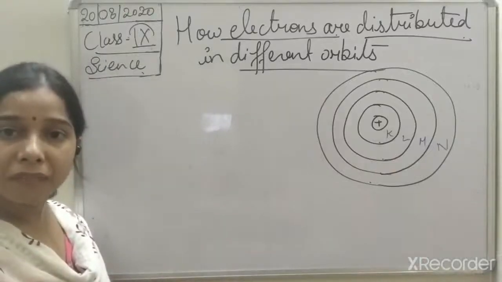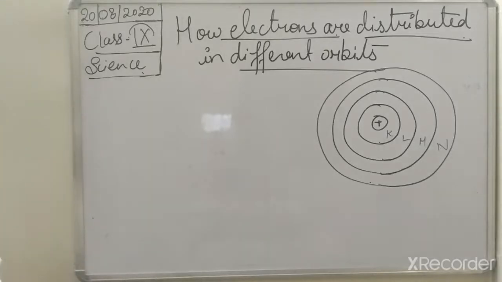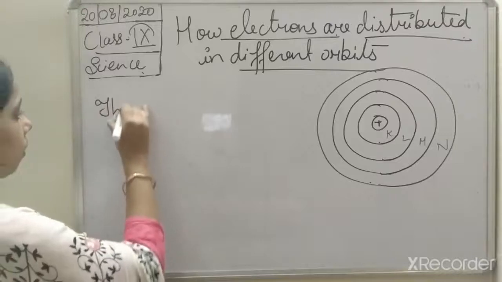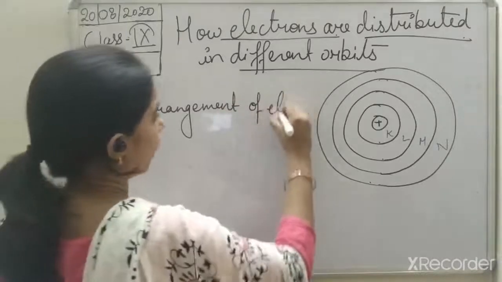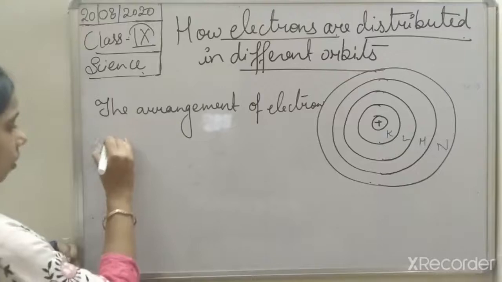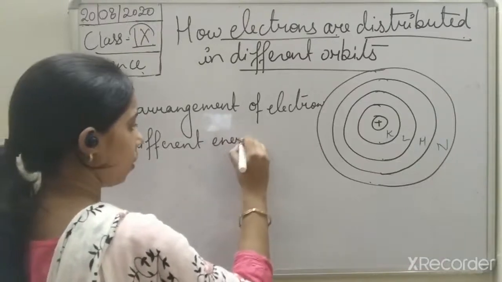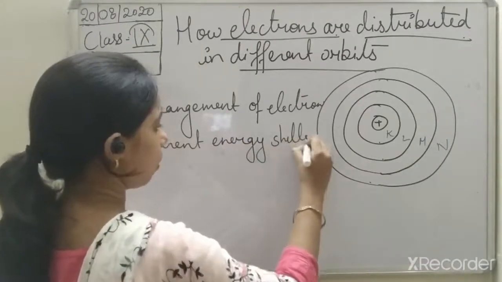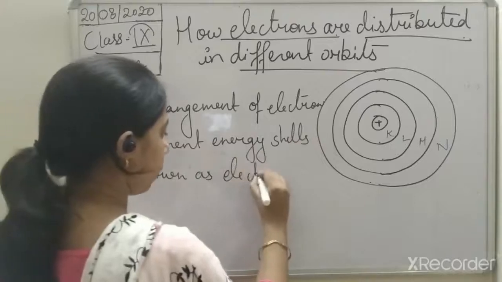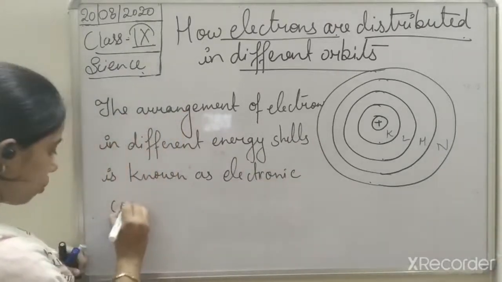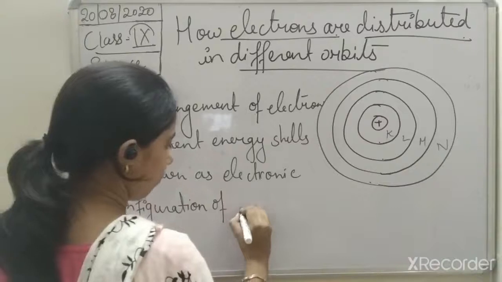By this we can define the arrangement of the electrons in the shells, and the arrangement of electrons in different energy shells is known as the electronic configuration of the atom.